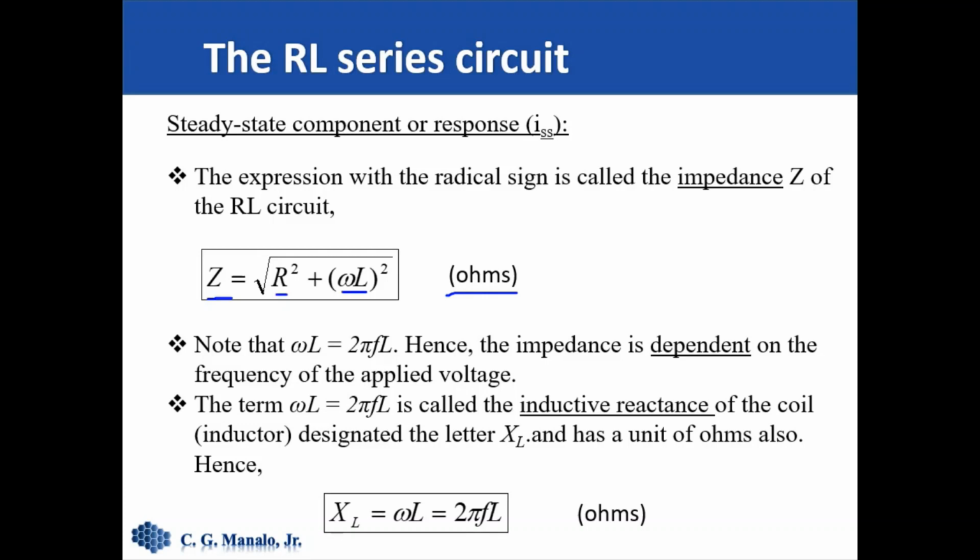Omega L, which equals 2 pi FL, is dependent on the frequency and is also called the inductive reactance of the coil in the RL circuit. So 2 pi FL or omega L is X sub L, also called the inductive reactance, which also has the unit of ohms.